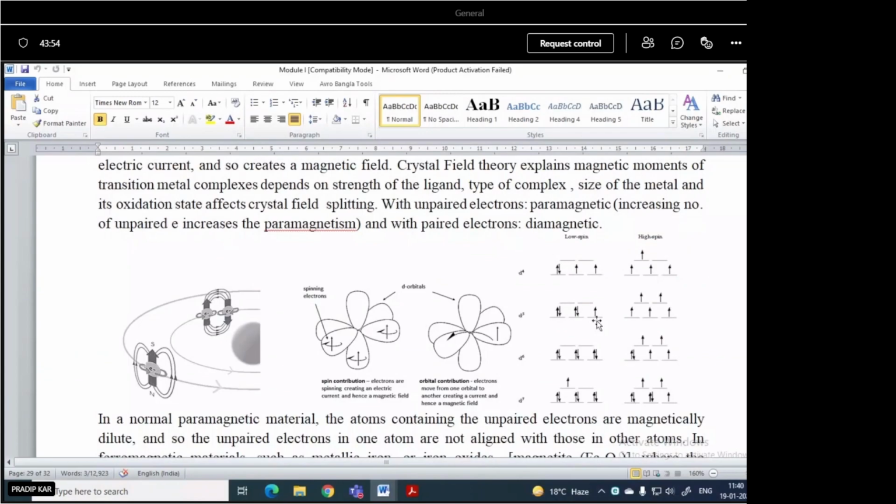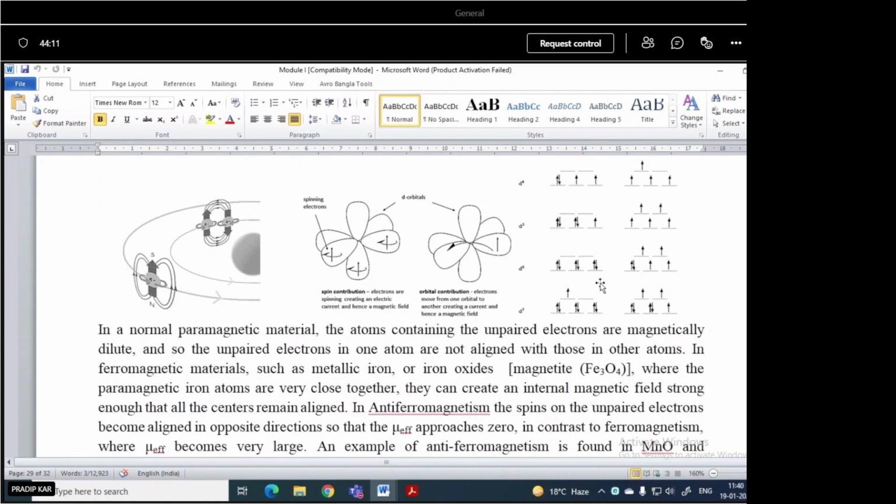Here in the case of d5 low spin, only 1 electron is free. In high spin, 5 electrons are free, having a very high magnetic moment with respect to the low spin complex. For d6, low spin complex, the magnetic moment is 0, whereas high spin has a high magnetic moment like d4 because 4 electrons are free.